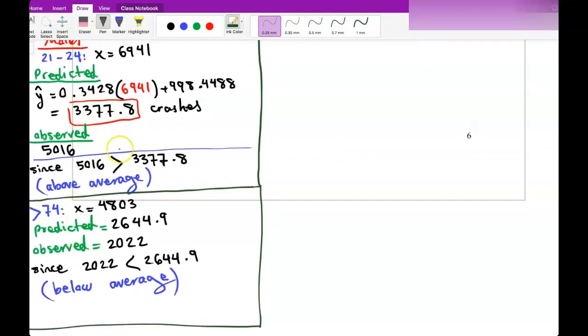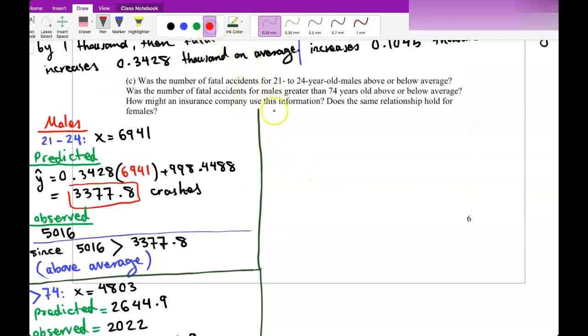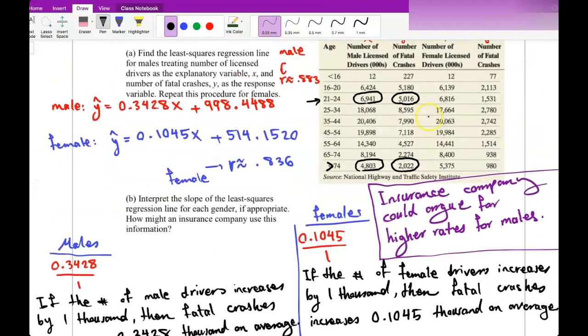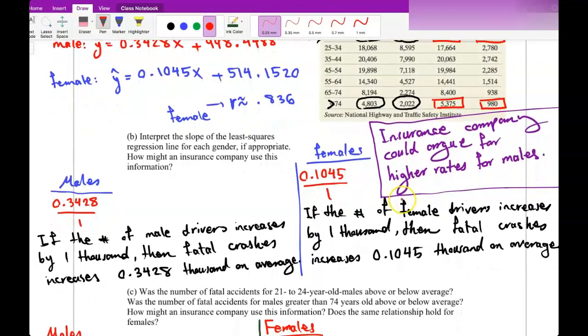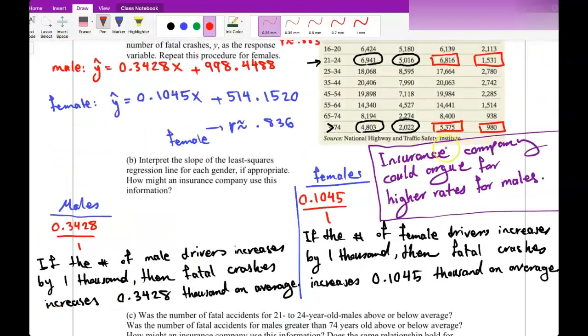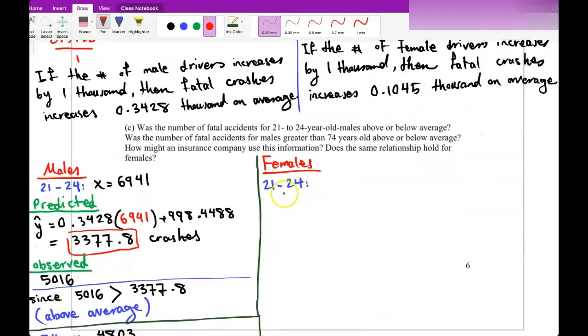So these two were for male, now female. Again the age group is 21 to 24, and these are for 21 to 24, and this part is for greater than 74. So X is 6,816.